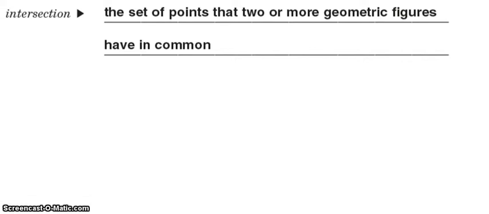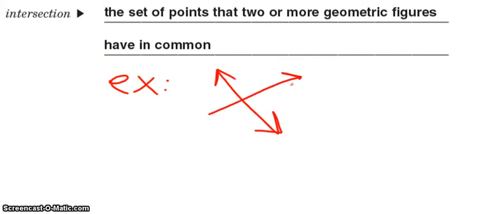Intersection. The set of points that 2 or more geometric figures have in common. We could intersect planes. We could intersect lines. Let me write an example here. Let's call this line M, and let's call this line N. Let's put a point here.